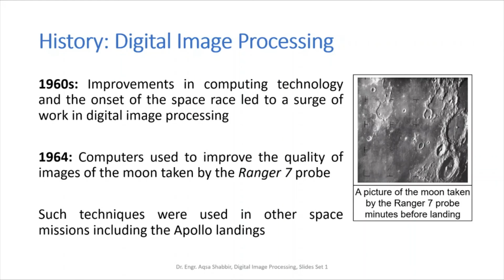Ranger 7 was a space probe of the USA, which for the first time successfully sent back photos of the moon to the Earth. Further digital image processing techniques were developed and widely used in space missions such as the Apollo landings. The Apollo landing towards the end of the late 60s was the first time humans actually landed on the moon.